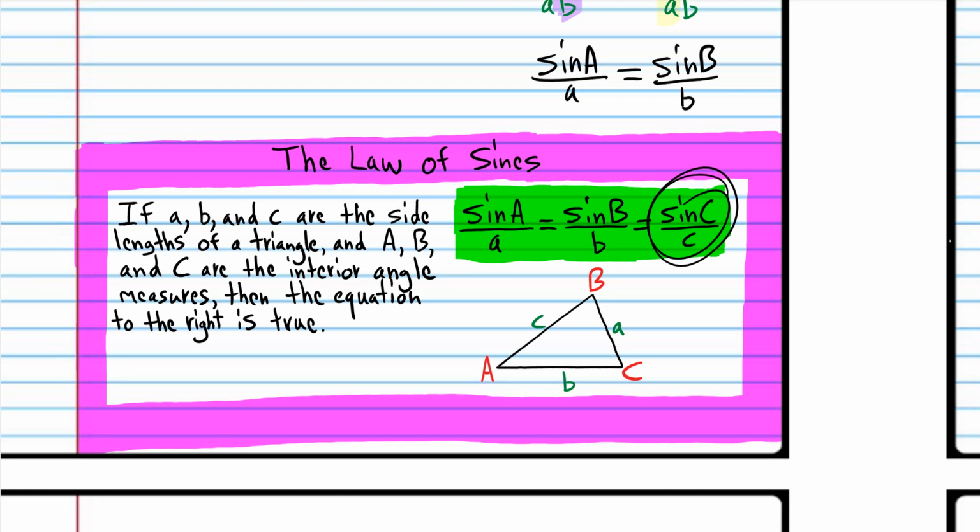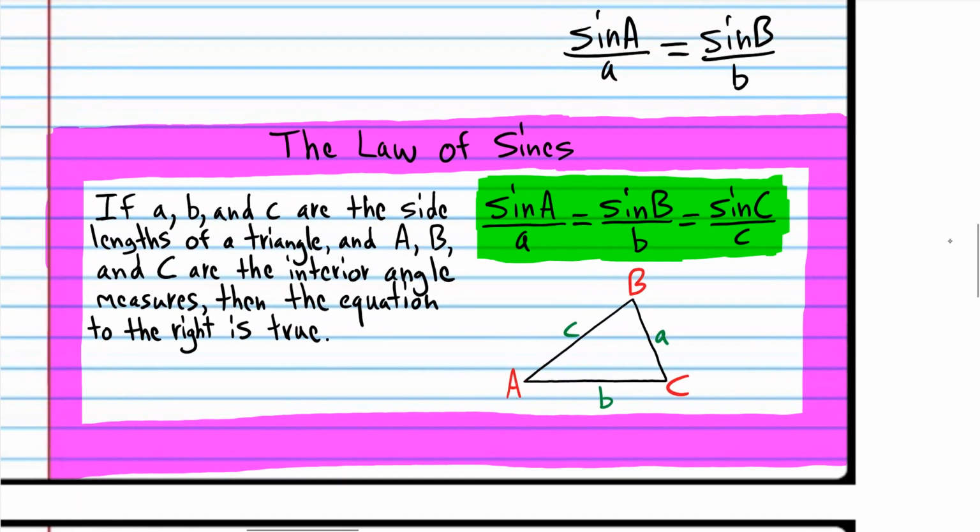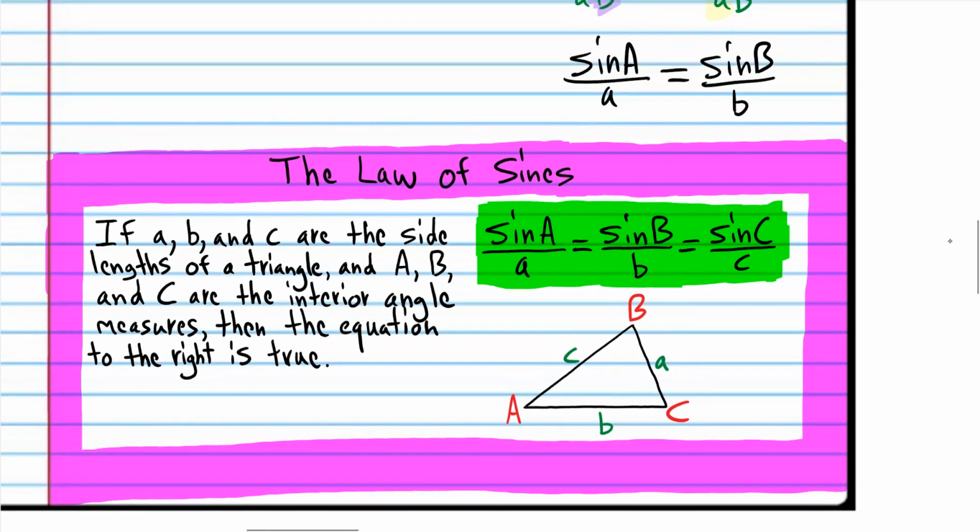So let's read the law of sines. Now, it's important to understand that this law works for any triangle, not just right triangles.